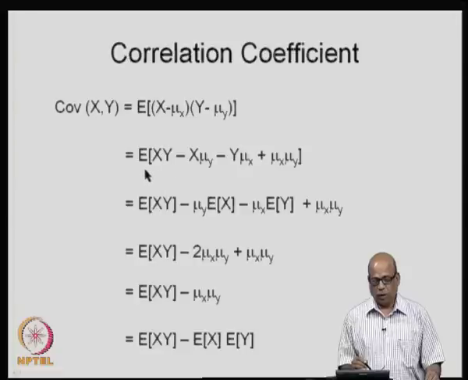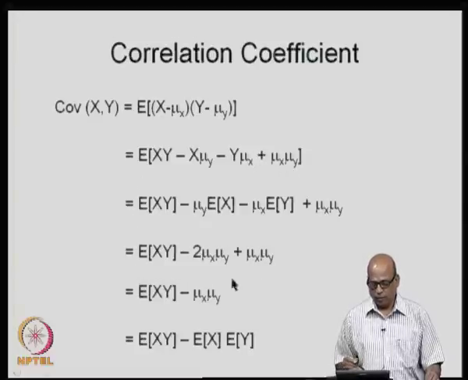We simplify this as the expected value of x y minus x into mu y minus y into mu x plus mu x into mu y. After you simplify this, you get it as equal to the expected value of x y minus the expected value of x times the expected value of y.